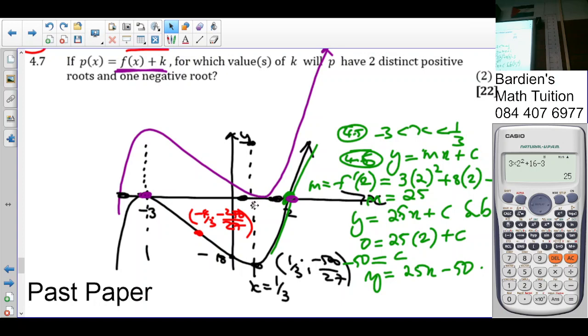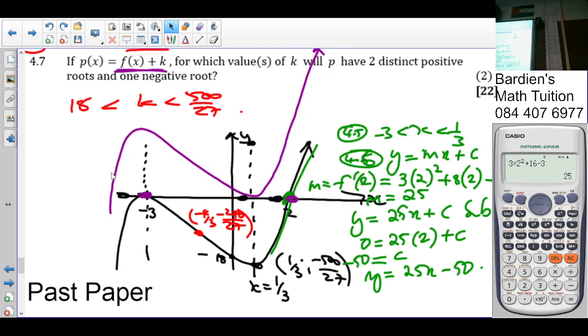So k has to be greater than 18 but less than 527. And why 527? Because that negative 527 has to move all the way up to touch at that point there, for it to have 2 positive roots and 1 negative.